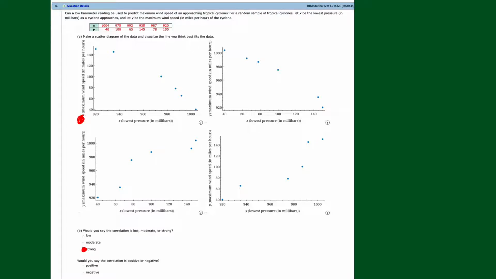And then, would you say the correlation is positive or negative? If you draw a line here, that line has negative slope. So this is a negative correlation. As the barometer reading increases, the wind speed decreases, right? That's what's happening. As the barometer goes up, the wind speed goes down.